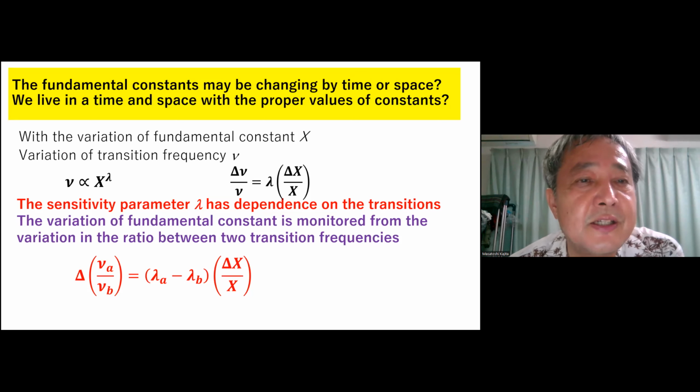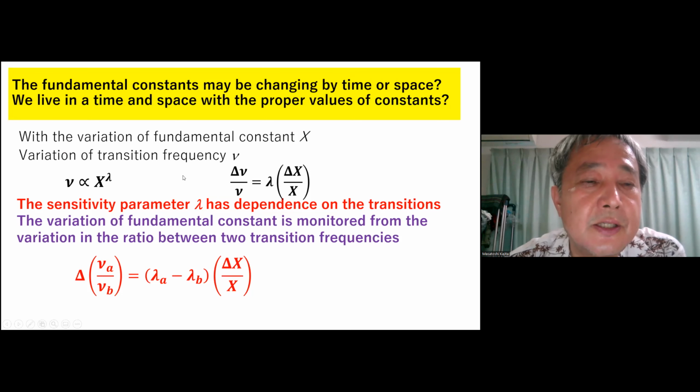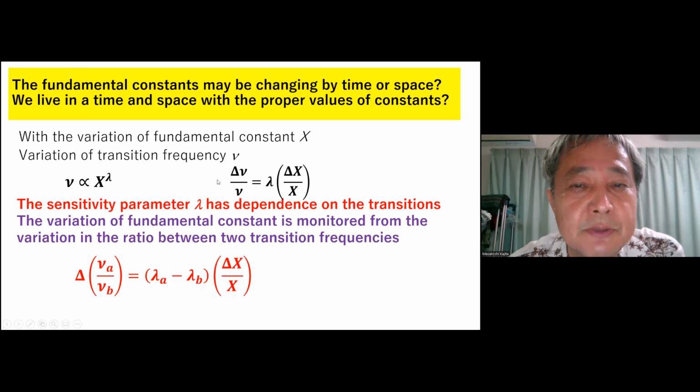So when there is a variation of a fundamental constant, there is a variation in transition frequency like this. And there we can determine the sensitivity parameter lambda like this. But this sensitivity parameter depends on the transition. So the variation of a fundamental constant is monitored from the variation in the ratio between two different transition frequencies like this.